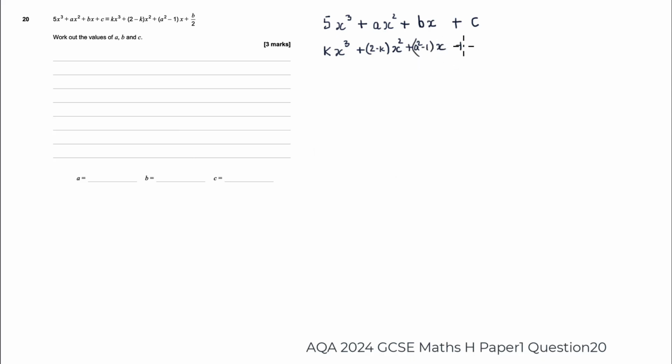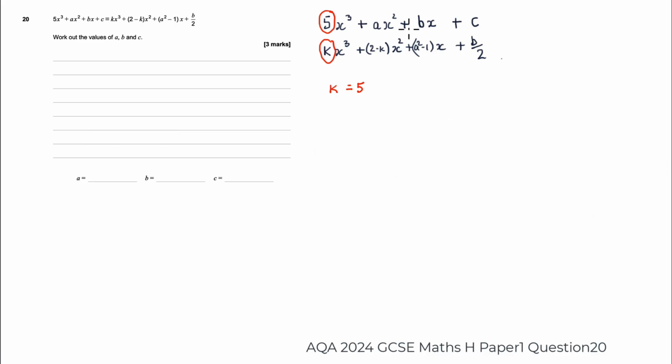And then we've got a constant at the end, b over 2. Now because this is an identity, then we know the numbers of x cubed must be identical. So from this we can say k is equal to 5.